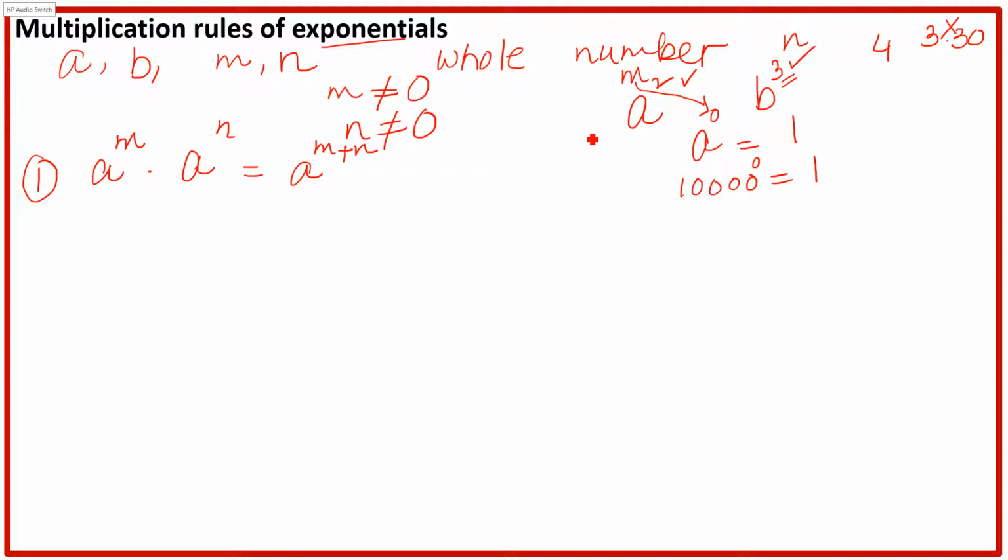They should be whole numbers. A and B are called the bases. If I say 2A squared, this square is called the exponent or power, A is the base, and 2 is the coefficient. But here we are discussing only the base and the power or exponent.